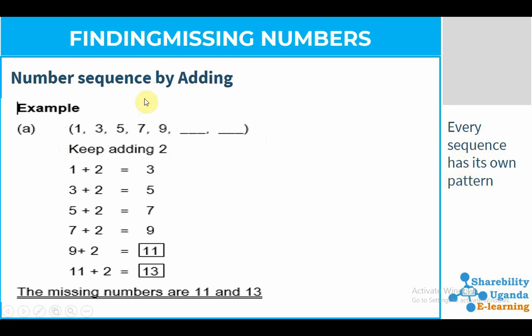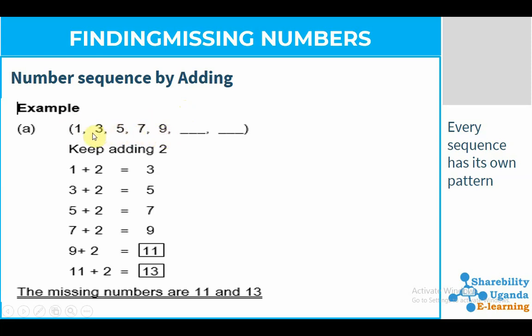Purposely, in addition, for you to find this number, you first see which number is next. We have a 3 which is next here, and then a 5 which is next here, a 7 which is next here, and a 9 which is next here.